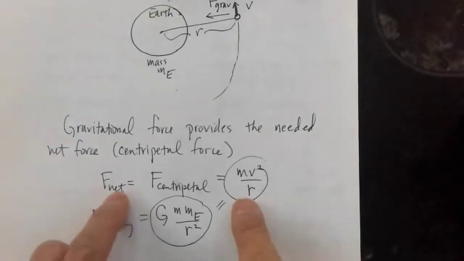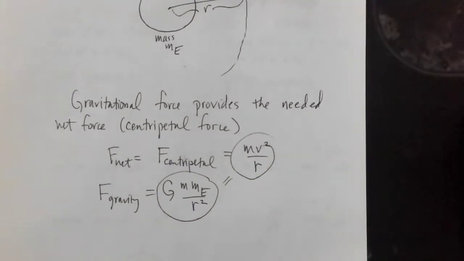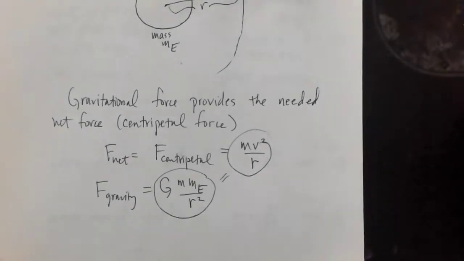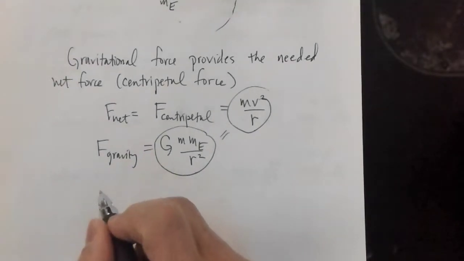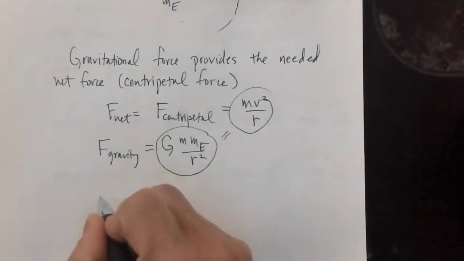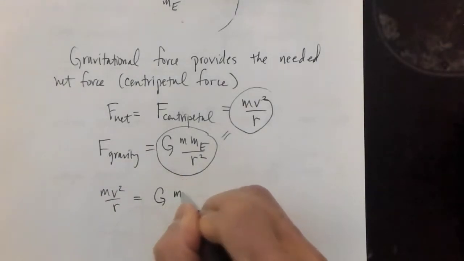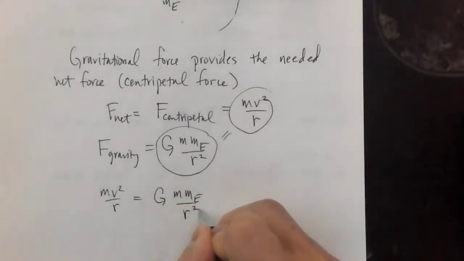I need a net force of mv squared over r to go around a circle with that speed, with that radius. And gravity is the only force that matters here. I didn't talk about any other forces. So we'll set them equal. I have, let's write it this way, mv squared over r is equal to capital G m times M_e over r squared.